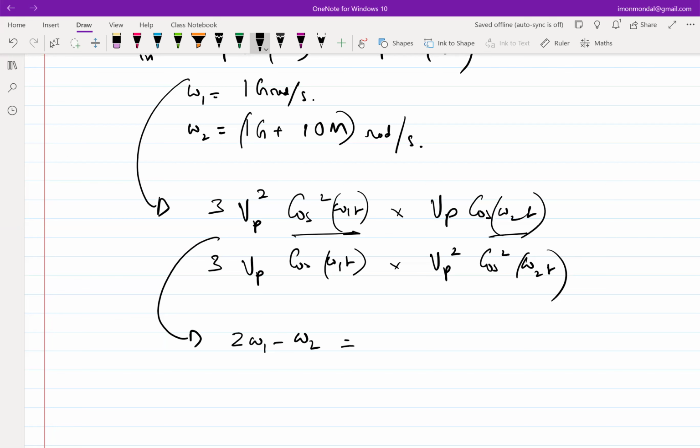What is that value? 2 omega 1 is 2 gig minus 2 gig plus 20 meg, which means you are getting something at 1 gig plus 10 meg, right? Which means you are getting something at 1 gig minus 10 meg.